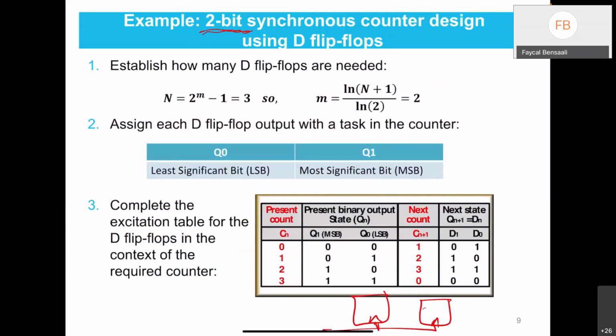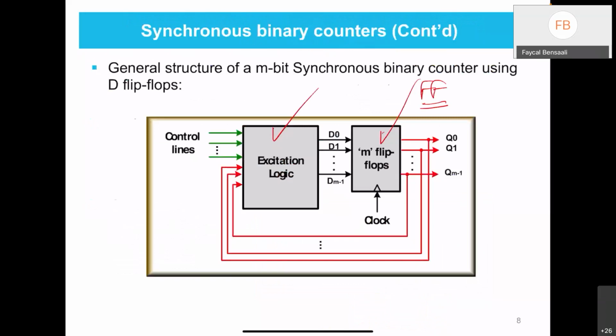The first step is to know how many flip-flops you need. Since I already mentioned 2-bit, we know we need 2 flip-flops. Each flip-flop will give us 1 bit of the output. Or if we don't know this, let's say the question says I want a counter that counts up to 3.